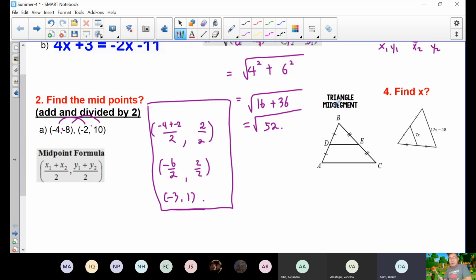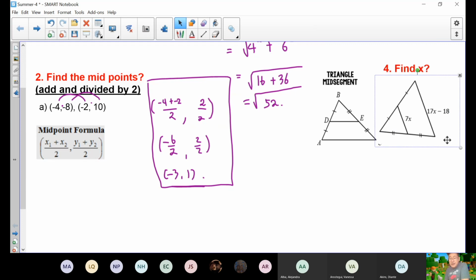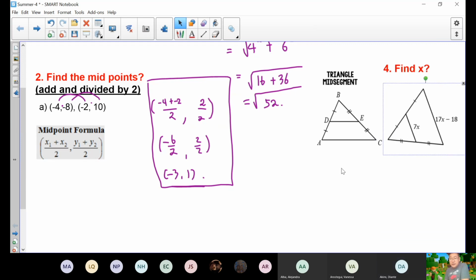This is actually what we're going to do today: triangle mid-segment. I will explain what it is, and then we're going to solve this one today as classwork. Mid-segment means you have a point and a point, and this is the midpoint. When you pick the midpoints and connect them, it becomes a mid-segment.